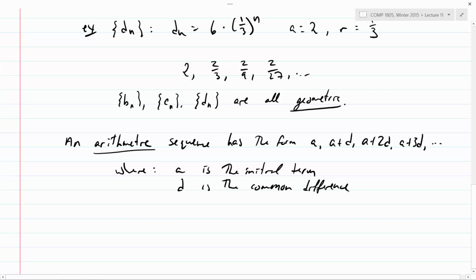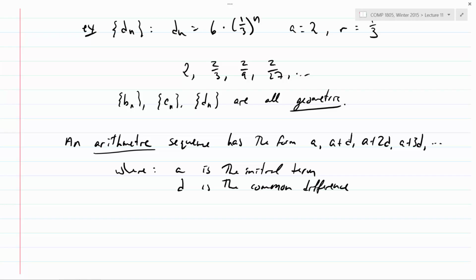This is a difference because here we're adding another d each time. You could read this as a plus d, a plus d plus d, a plus d plus d plus d. Every time to get to the next term, you add another d. That's why it's the common difference. If you subtract 2 consecutive terms, your answer is d. Whereas in a geometric sequence, if you divide 2 consecutive terms, your answer is r. Divide goes with ratio, subtract goes with difference. That's why we have these 2 terms.